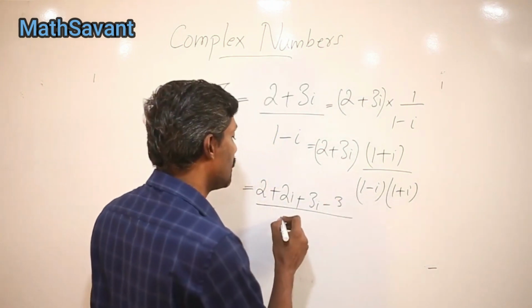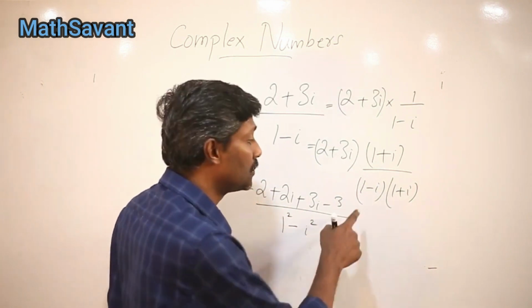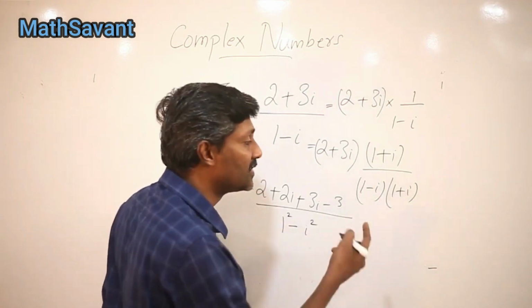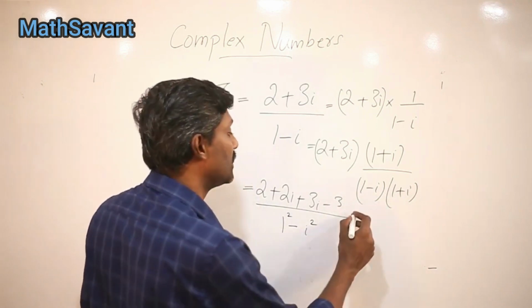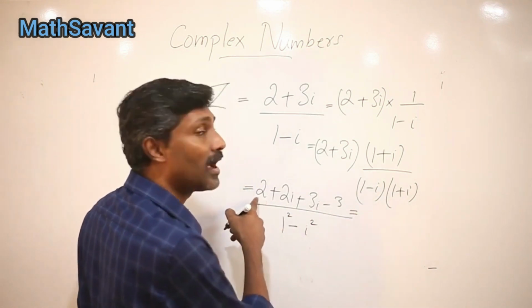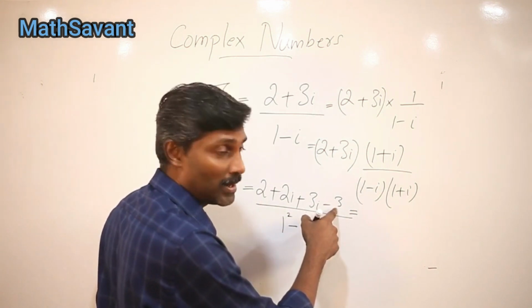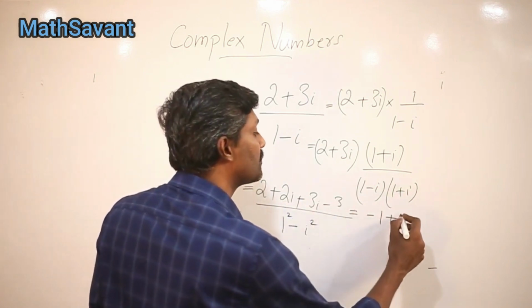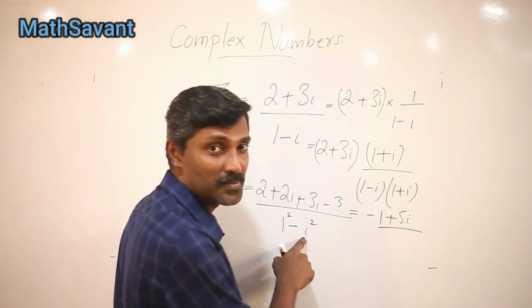So this becomes 1 square minus i square. Now add the real numbers, 2 minus 3 is minus 1. And what is 2i plus 3i? It is 5i, divided by, what is i square? Again i square is minus 1.